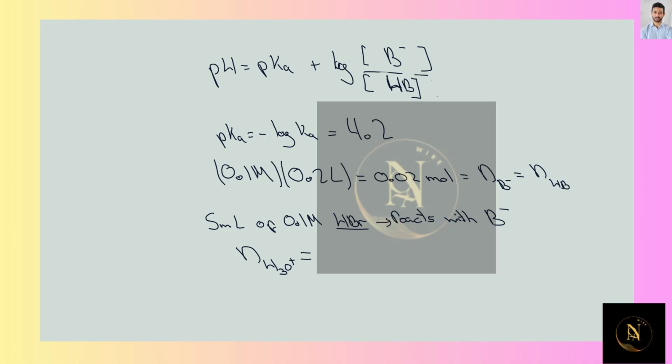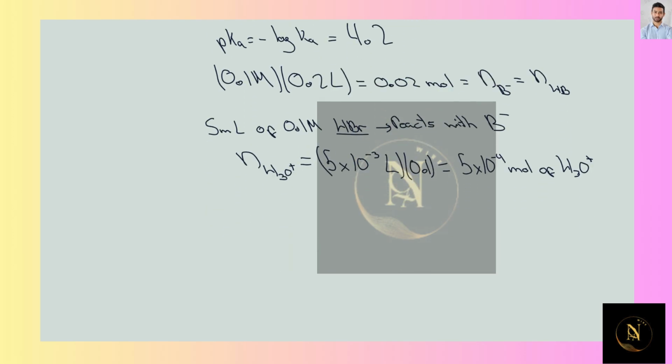This is equal to volume in liters, that's why we multiply the milliliters by 10 to the minus 3, times 0.1. So the amount of moles that we are adding here is 5 times 10 to the minus 4 moles of H3O plus.